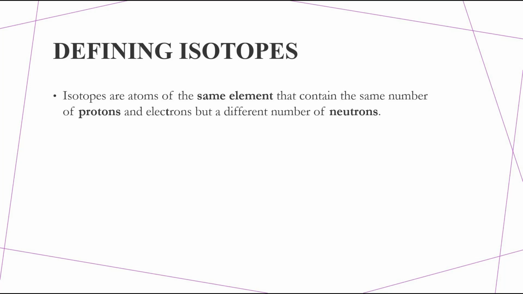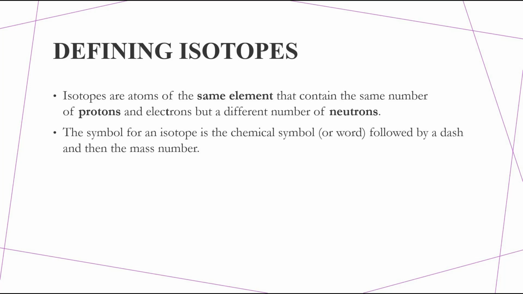I was going through all the papers, and when I was preparing for my CI examinations, major series, I have seen this question a lot of times. That's why I remember it perfectly. So by definition, we already know that these are the atoms of the same element that contain the same number of protons and electrons with a different number of neutrons.